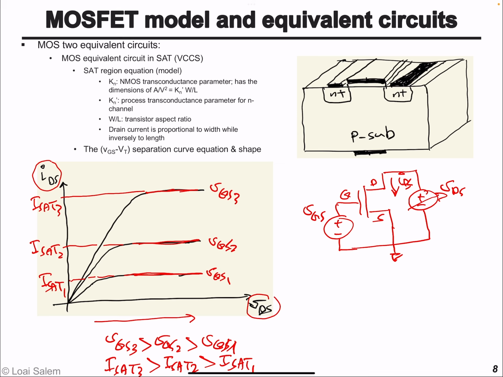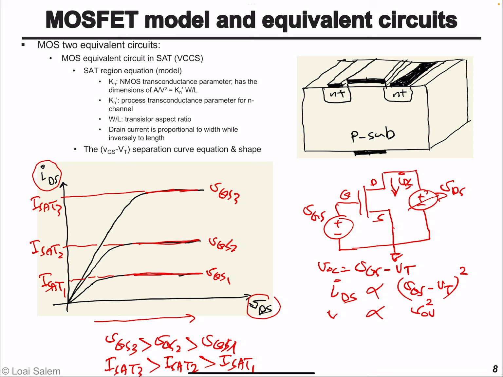And so we'll find, if we go through the physics, but again this course will mainly focus on circuit abstraction and circuit techniques, that the drain to source current of the transistor in the saturation region is proportional to VGS minus VT squared. So essentially it's proportional to the overdrive voltage squared, because the overdrive voltage VOV is VGS minus VT.